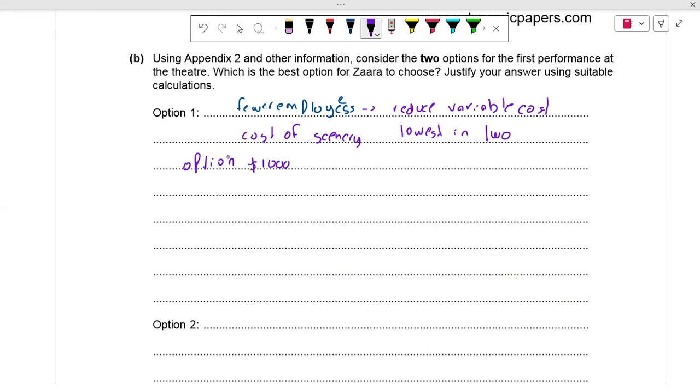Okay, and the total cost was $1,210 for the total performance, and lowest price per seat at $10.